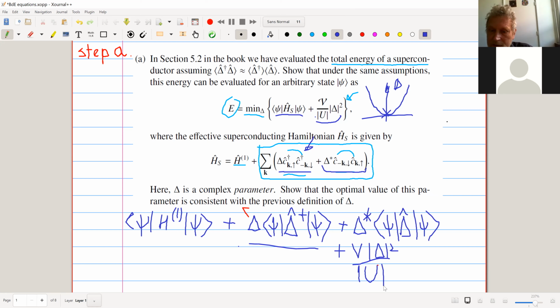So now I'm going to minimize, right? I have to take the minimum with respect to delta. Delta is a complex number. It has real and imaginary parts.